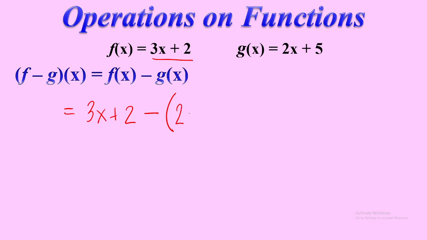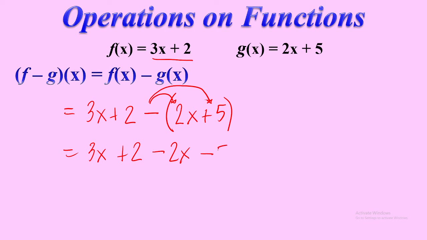So meaning the value of the second function is enclosed in parentheses. That's very, very important. So we will be distributing the negative sign over here. So this becomes 3x plus 2 minus 2x minus 5.